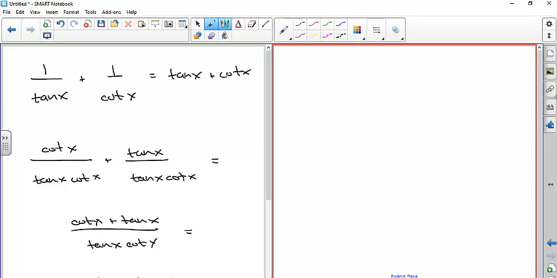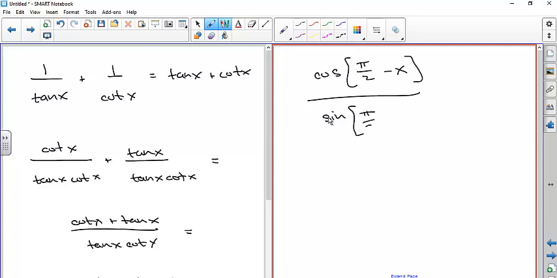Let's do one here. It involves a cofunction. So you have the cosine of pi over 2 minus x divided by the sine of pi over 2 minus x equals the tangent of x. So these are using what are called cofunction identities.